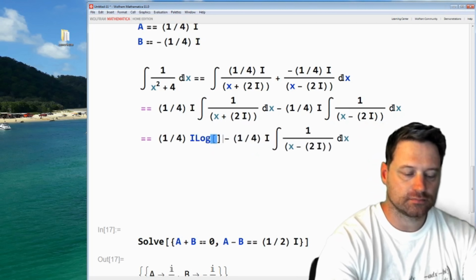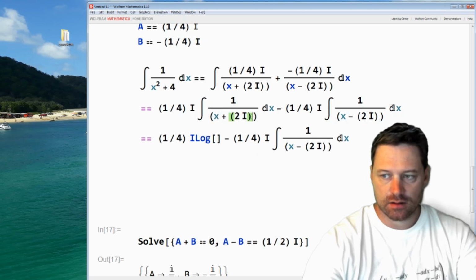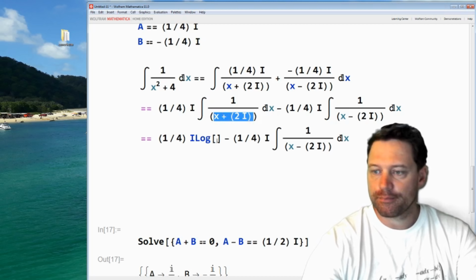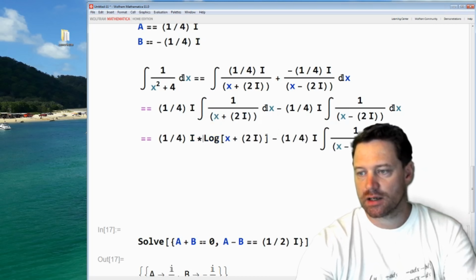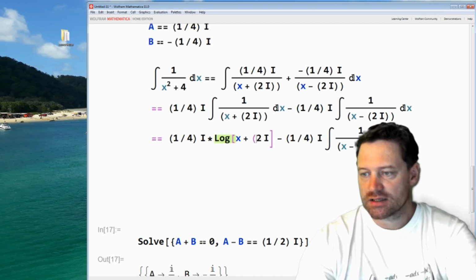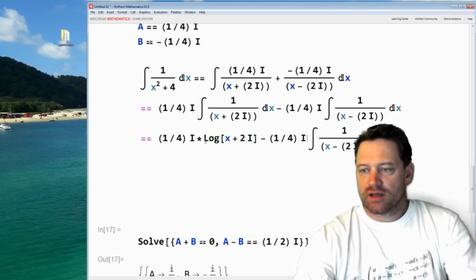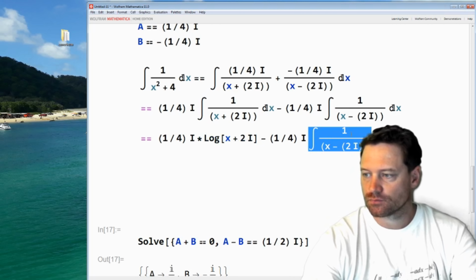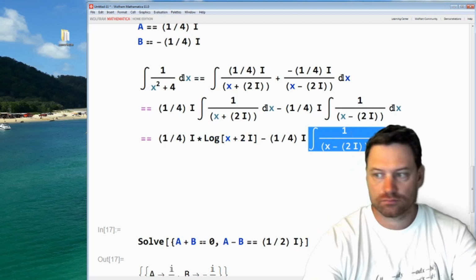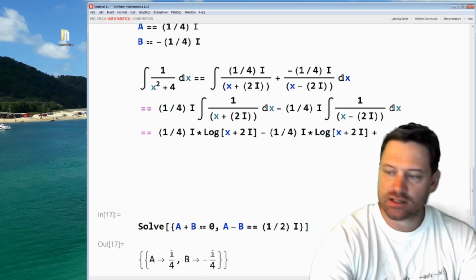Log. Was it x plus 2i? I need a space or a multiply sign. Get rid of the brackets, too many of those. Okay, and this one will be the log of x minus 2i. Okay, now that we've completed that, plus constant c.